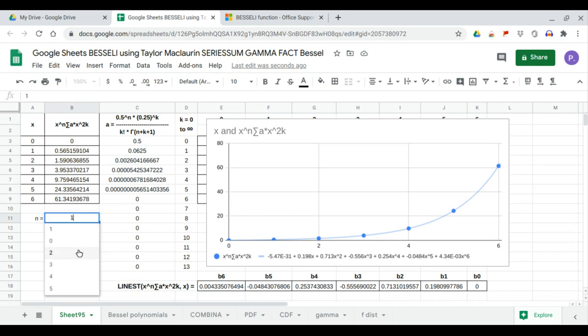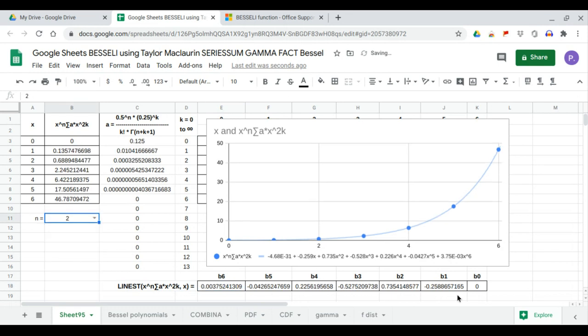And for our second order, n equals 2, our B0 is 0, B1 is 0.258, B2 is 0.735, B3 is 0.528, B4 is 0.225 or 226, B5 is 0.042, and B6.